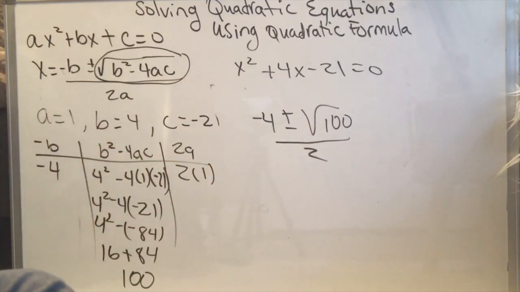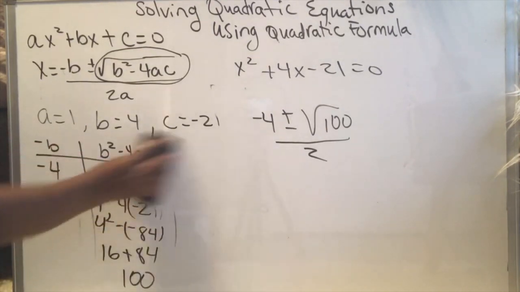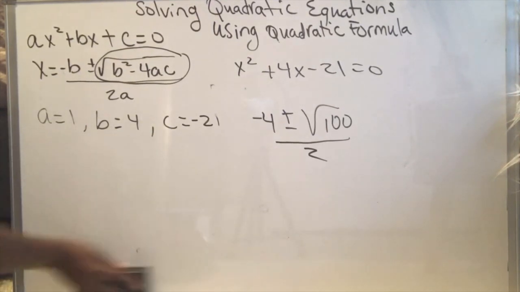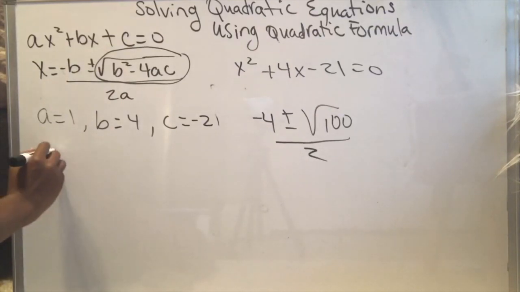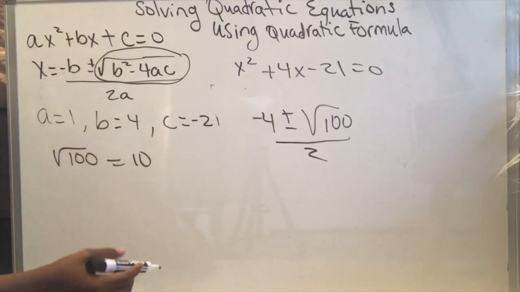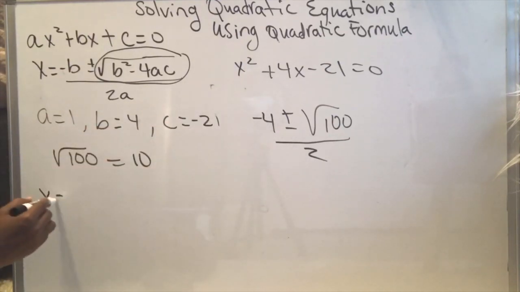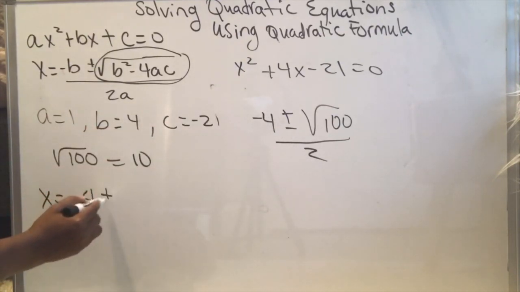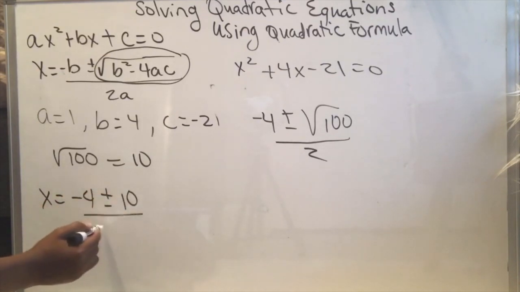Okay? So I'm going to erase this. Remember, we said we have to look at our square root and simplify. So the square root of 100, this is a perfect square, so that's easy. We know that's 10. So we plug it in. X equals negative 4 plus or minus 10 over 2.